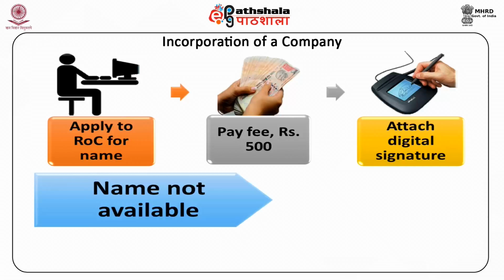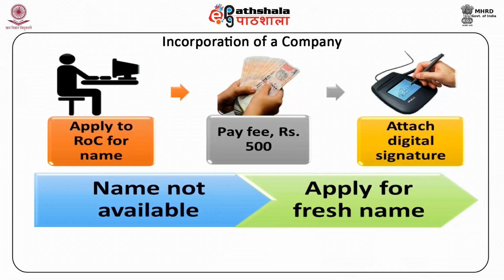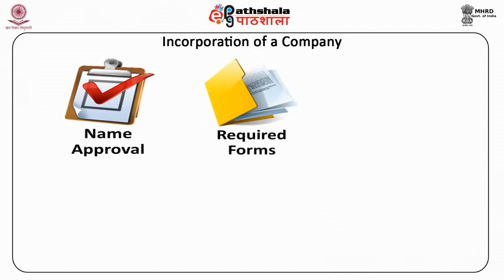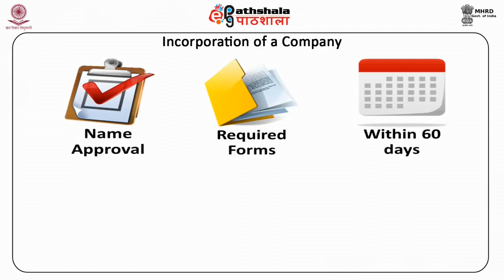If the proposed name is not available, the user has to apply for a fresh name on the same application. After the name approval, the applicant can apply for registration of the new company by filing the required forms, that is Form 1, Form 18 and Form 32 within 60 days of the name approval.